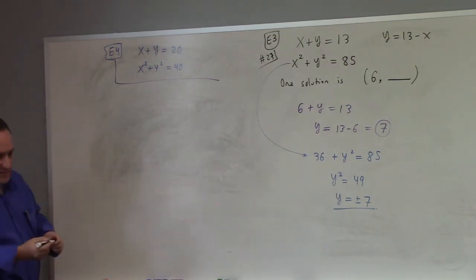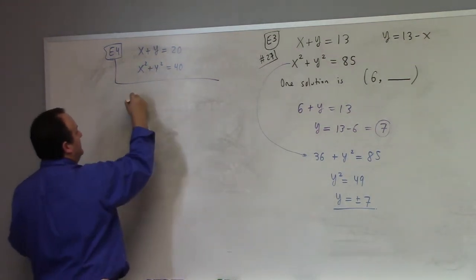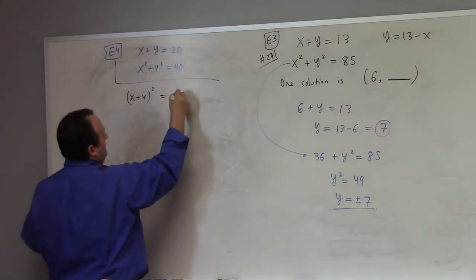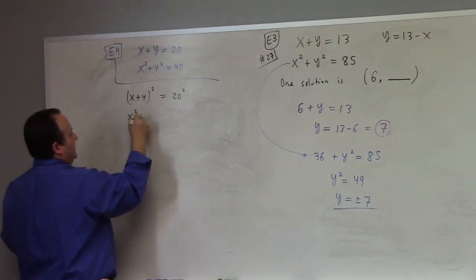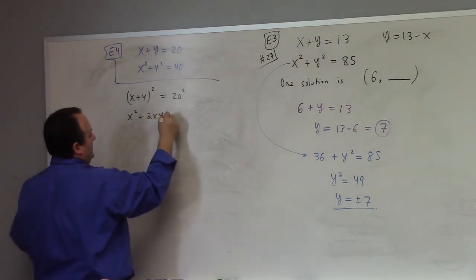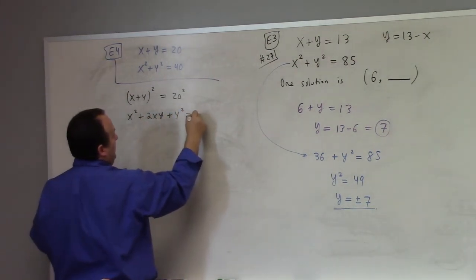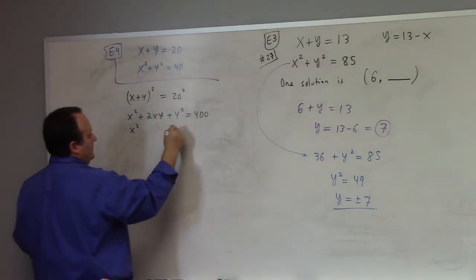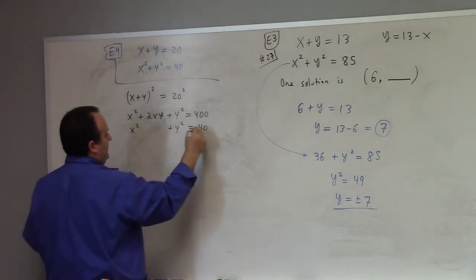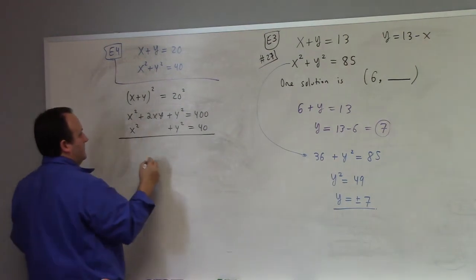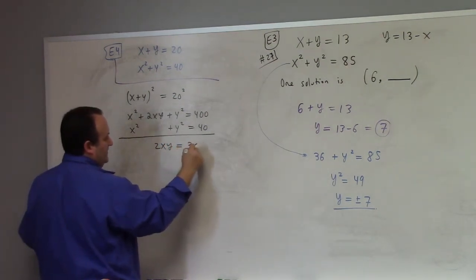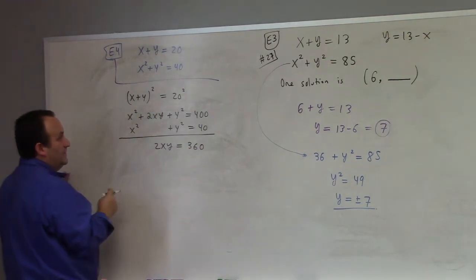But I kind of like what you said, because if I square the first equation, that's not crazy. That's x squared plus 2xy plus y squared equals 400. And then I could reasonably subtract that, and that would give me 2xy equals 360.